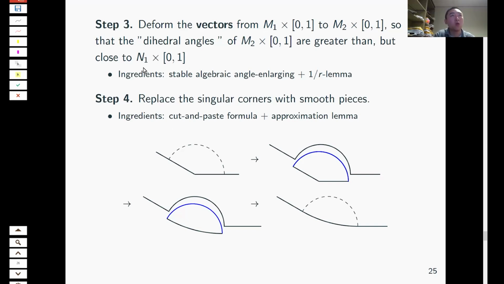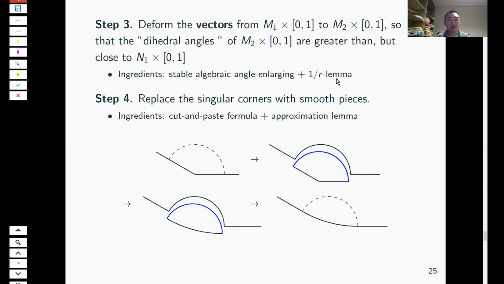So start from N1, you can, of course, enlarge it to almost become pi, and the terminal for the near pi case is just M1, but now we reverse the path. We go back from pi to N1, and along the path we always have inner dihedral angles greater than N1. So that's the reverse step, and it is also guaranteed by the stable algebraic angle enlarging. And during the process, the index is constant because of the 1 over r lemma.